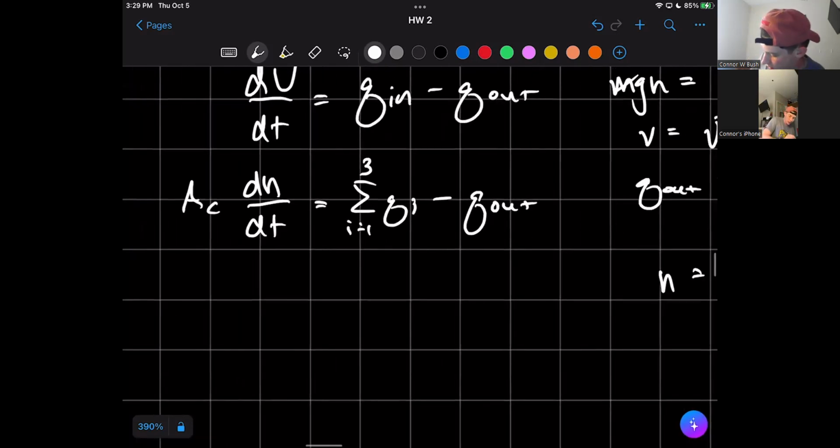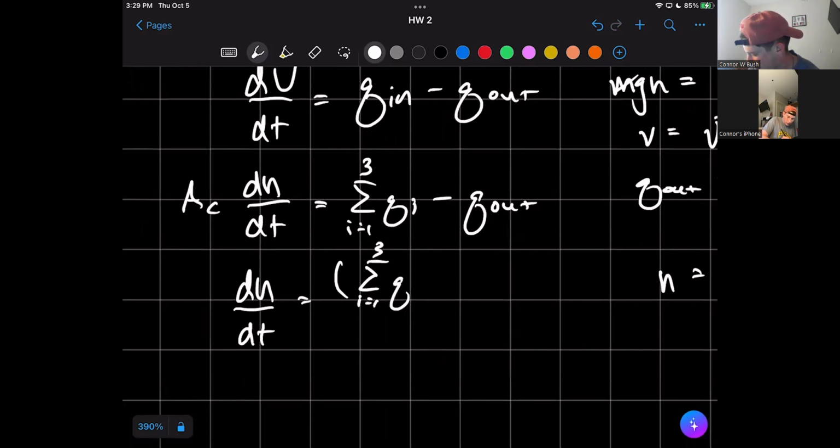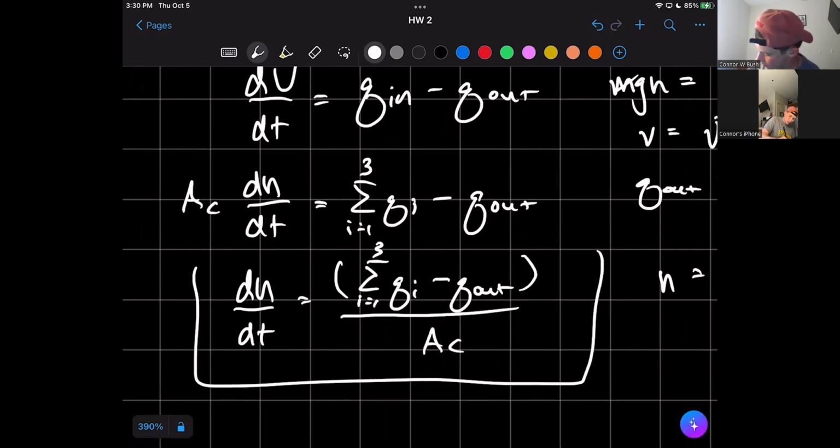So if we solve for dH/dt by moving things algebraically, moving over the cross-sectional area of the tank, we get this expression here for dH/dt.